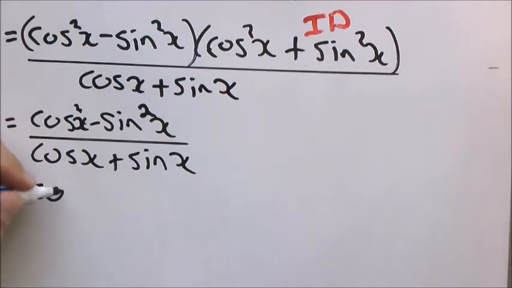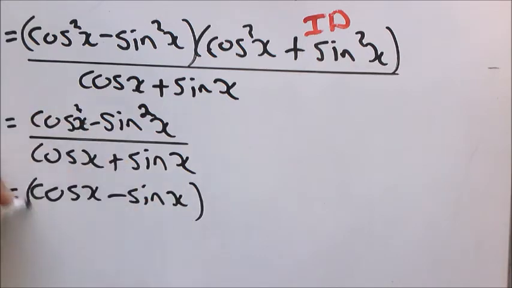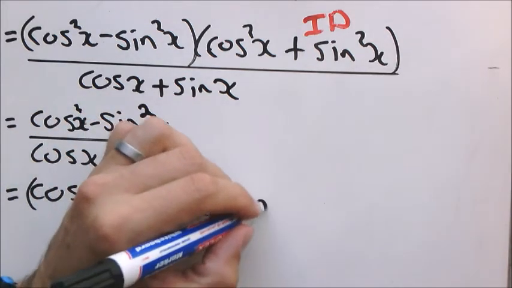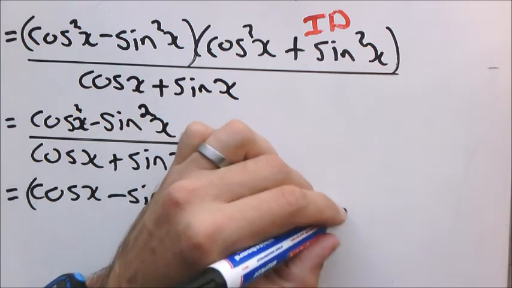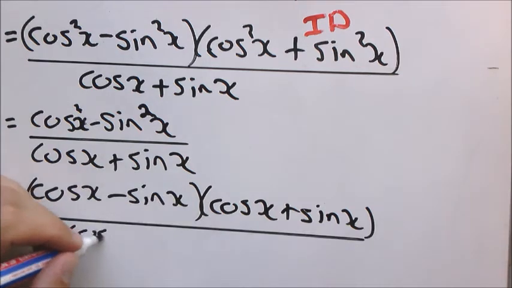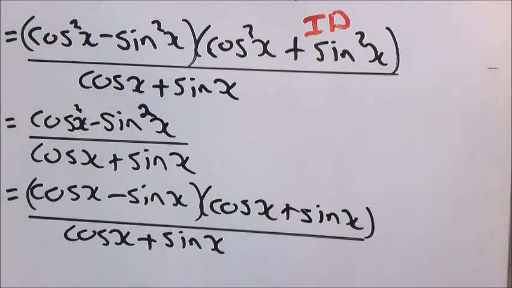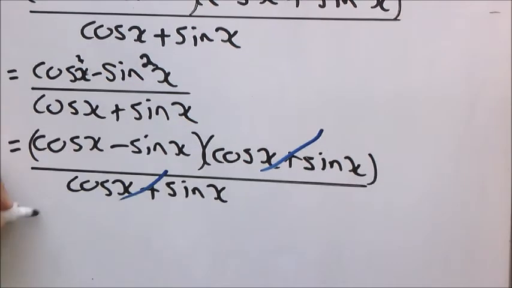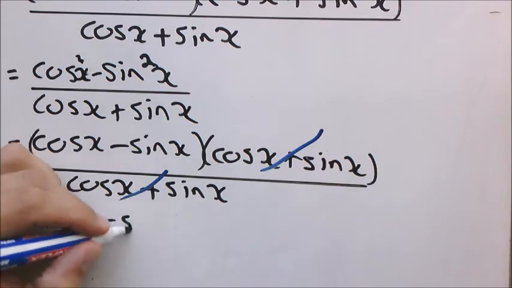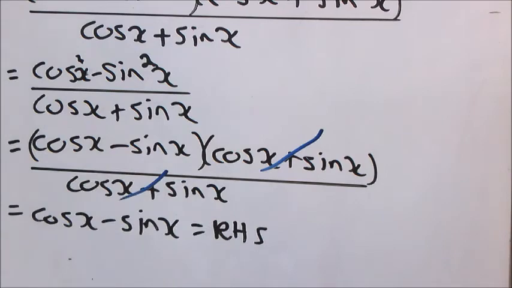So this will become cos x minus sin x times cos x plus sin x divided by cos x plus sin x. These two cancel out and you will be left with cos x minus sin x, equal to the right hand side.